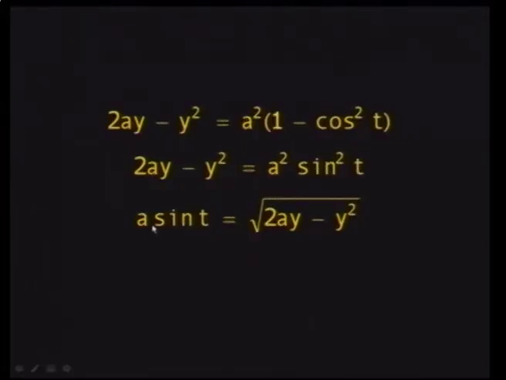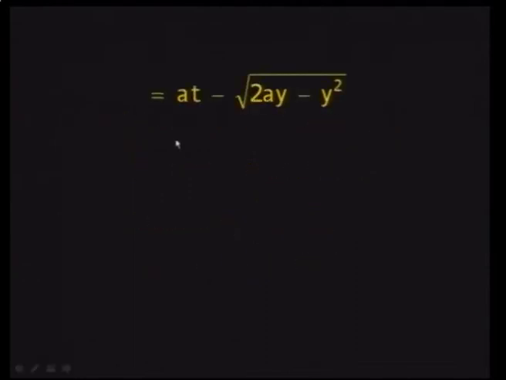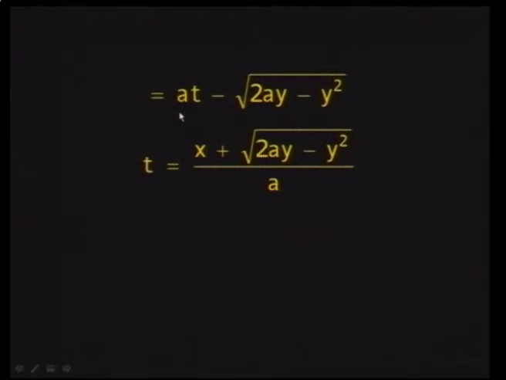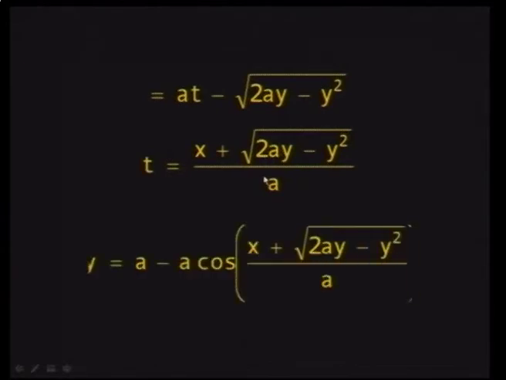And then what I did is that I obtained a sine t. But then I can calculate x from here, because I have x is equal to a times t minus sine t. Now I have a times sine t here, so I can now calculate t. Since sine t is equal to the square root of this, at the end I can calculate the value of t, which is equal to x plus the square root of ay minus y squared, divided by a, and from there I can get y, because y is equal to a times 1 minus cosine t.